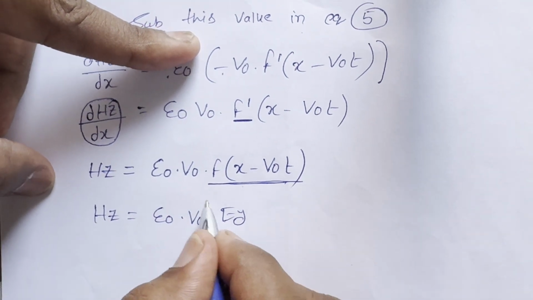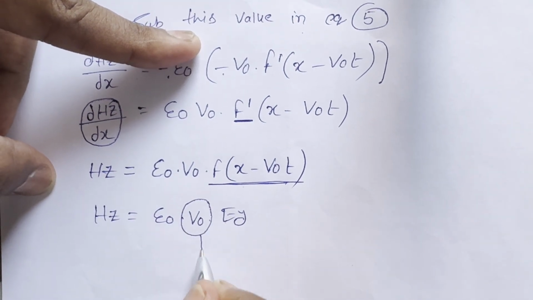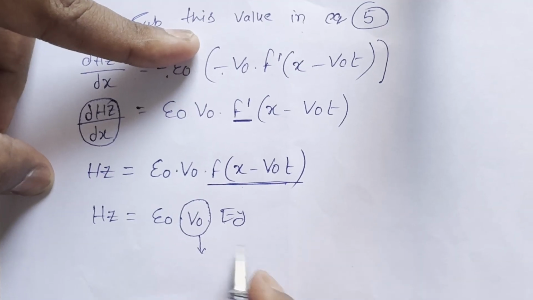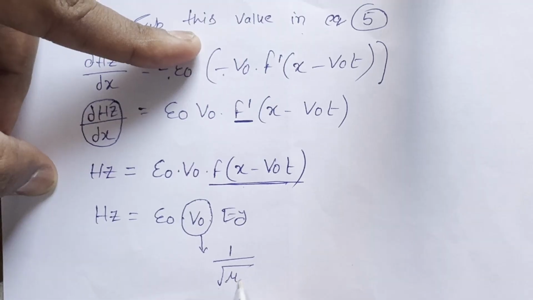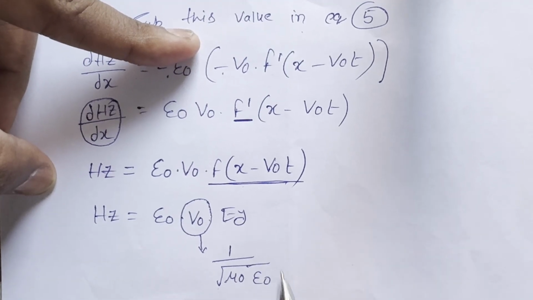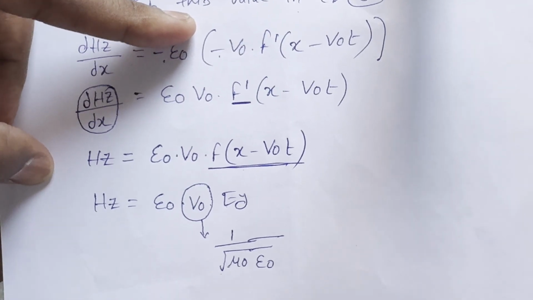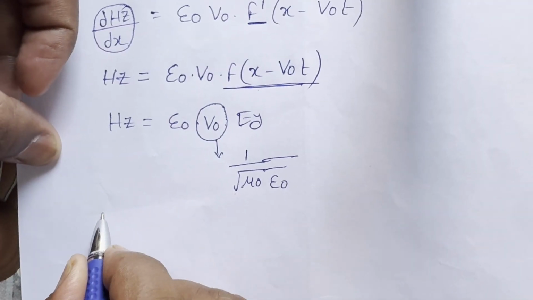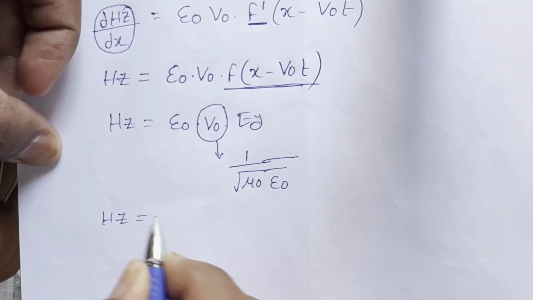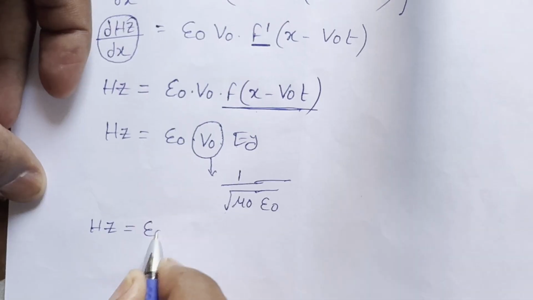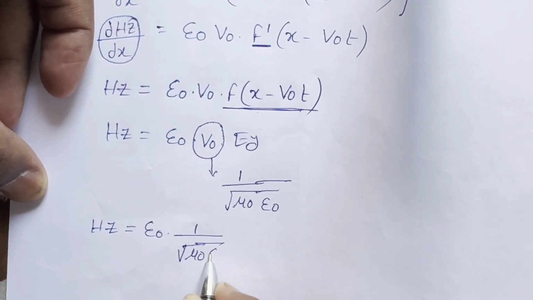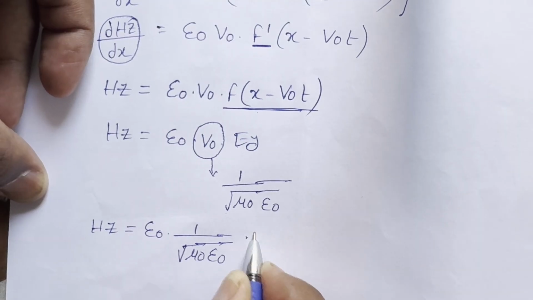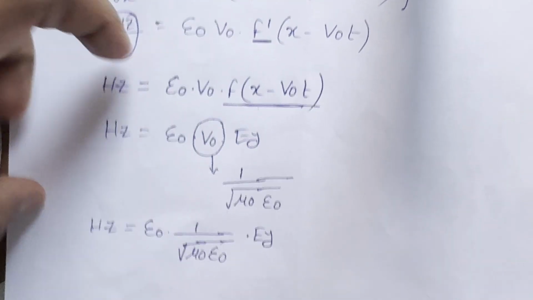And then we know that v₀ can be written as 1 by the square root of μ₀ε₀. Just substituting this value here, Hz equals ε₀ into 1 by square root of μ₀ε₀ into Ey.